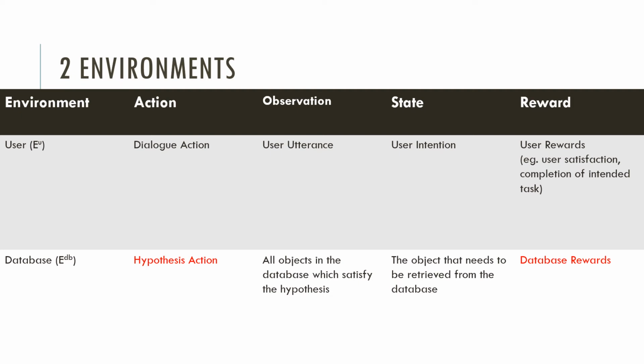And database rewards, we will see, they'll actually use database rewards in order to create more efficient algorithms. So we will be going over what a hypothesis action is in more detail, as well as what database rewards are.